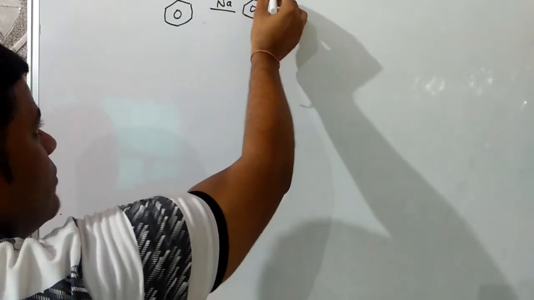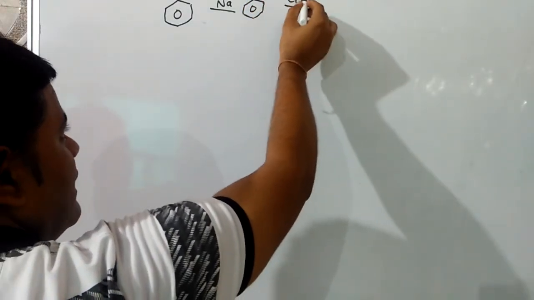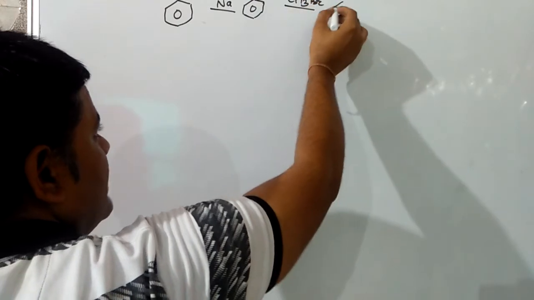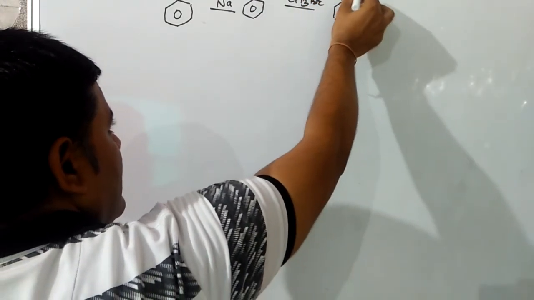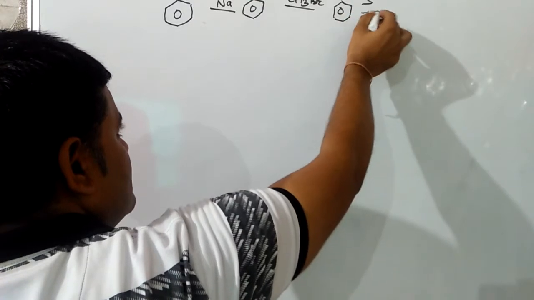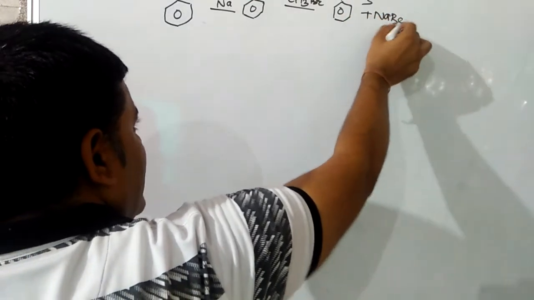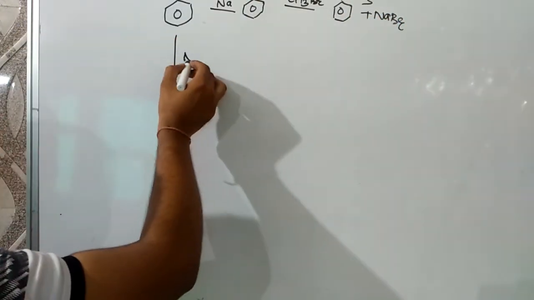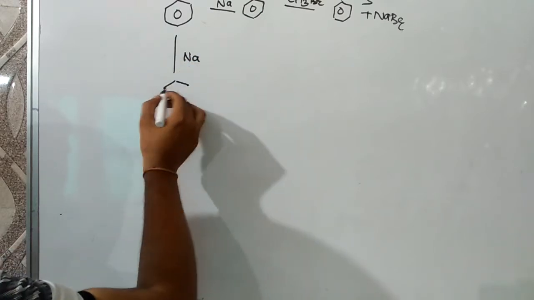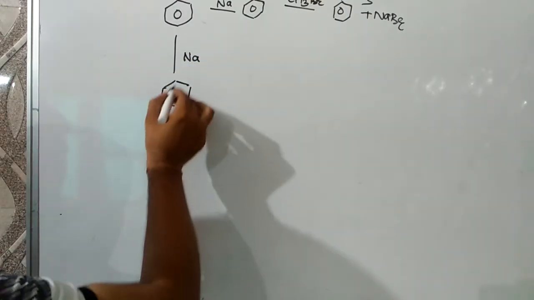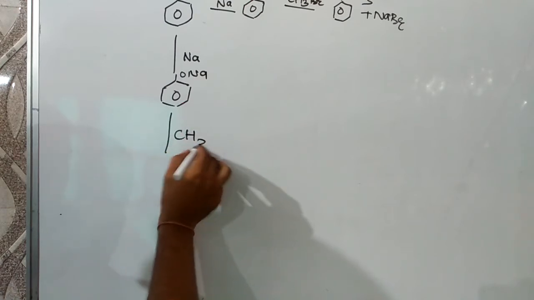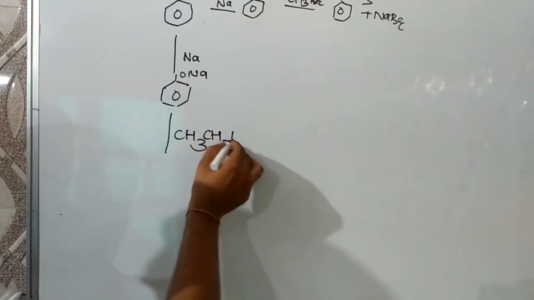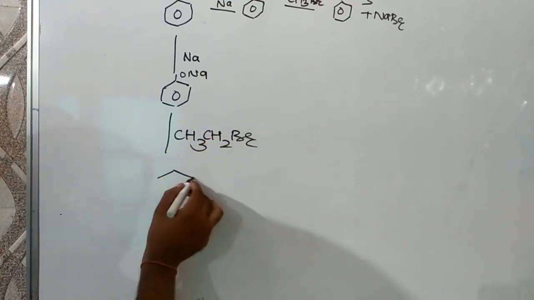Then sodium phenoxide reacts with CH3Br to give anisole as a product. Similarly, the next question might be to convert phenol into phenetol. In the same way, add sodium to it, and the product formed will be sodium phenoxide. Then sodium phenoxide reacts with CH3CH2Br to give phenetol as a product.